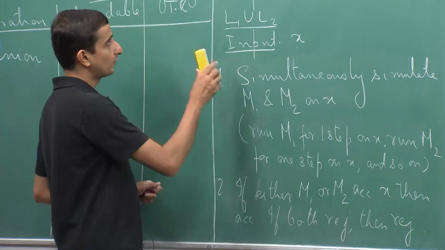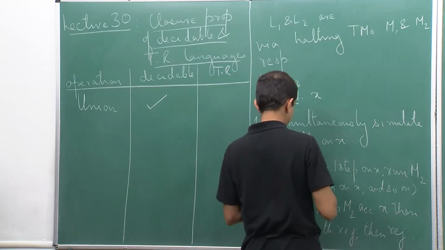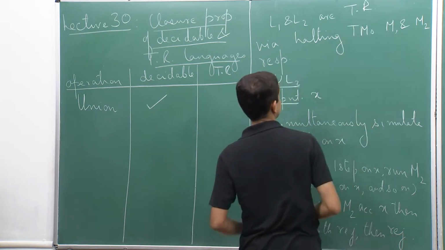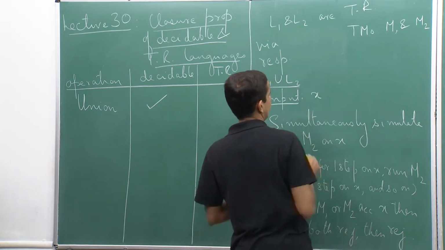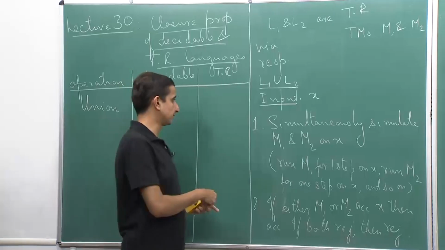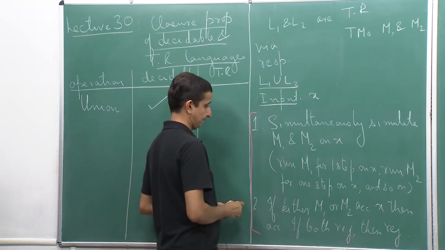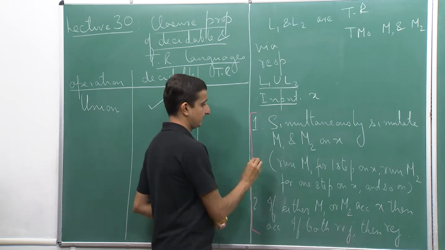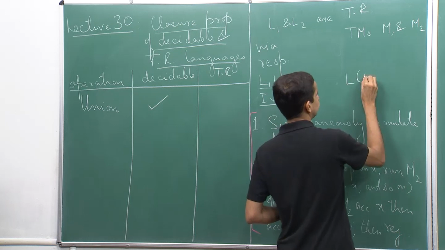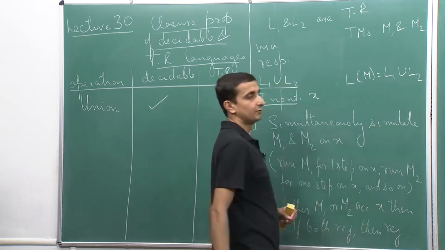So, in this manner, if we do this, then what we can say is that if L1 and L2, instead of being decidable, are Turing recognizable via halting machines M1 and M2 respectively, then this construction of machine M ensures that L of M is equal to L1 union L2.